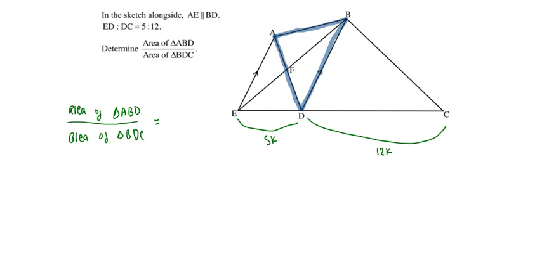We need to be careful of that. And then now BDC, check, BDC is which one? So BDC is this one. Those are your two triangles there.